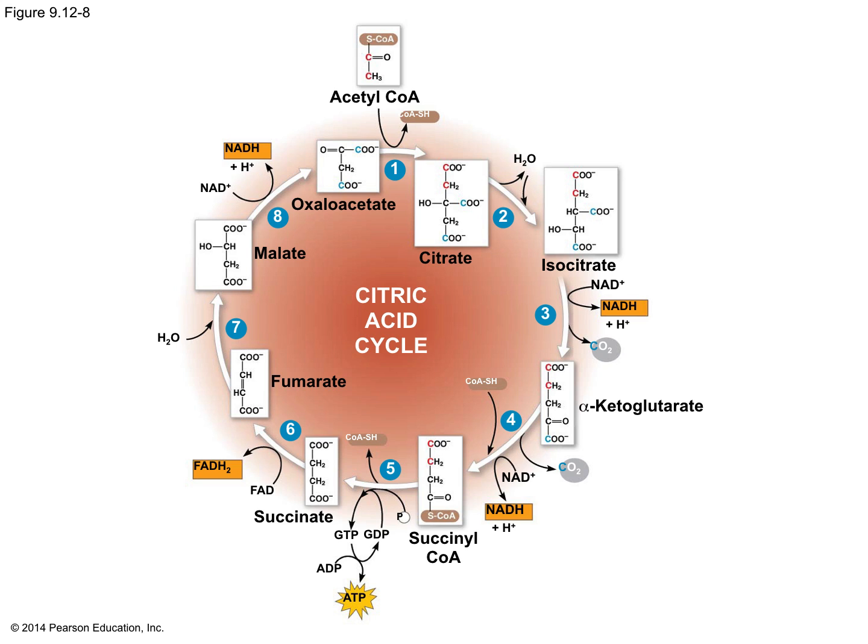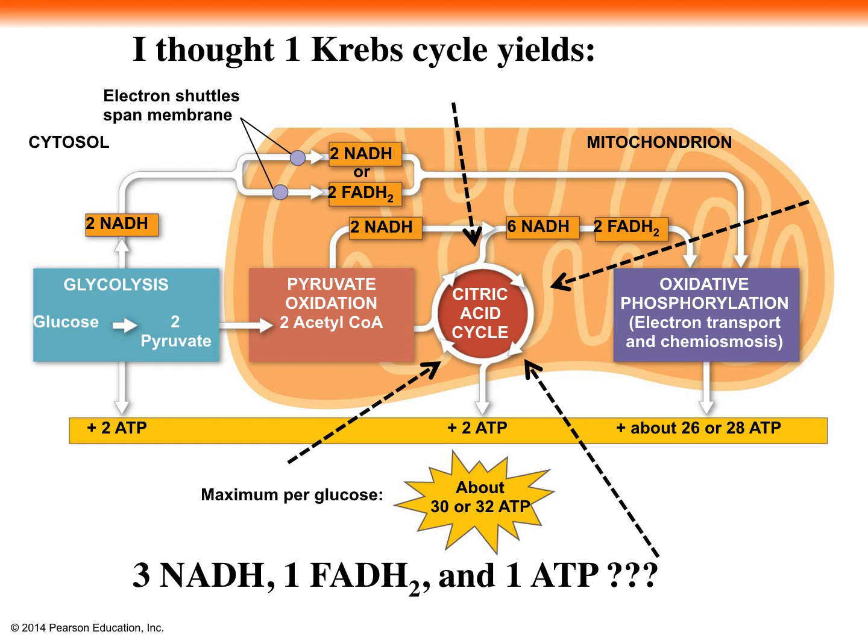What I want you to remember from all these steps is that with one glucose molecule, the citric acid cycle yields, or we gain, 6 NADH and 2 ATP.